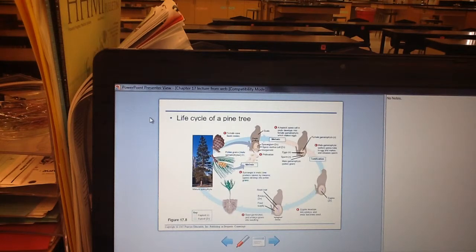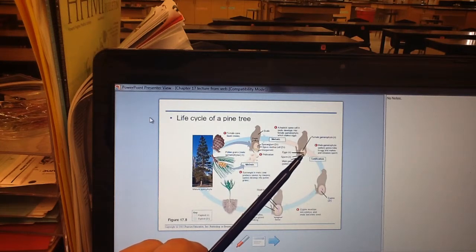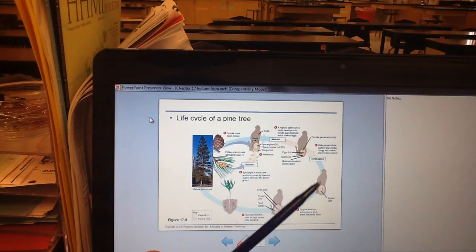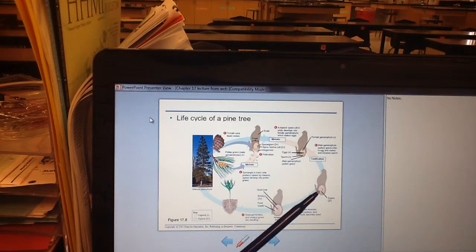With that being said, we can look here at the life cycle of a pine tree. If we look at the overall structure of it, we're going to see that most of it is in the sporophyte generation. So here's our egg, here's our sperm, and they're coming together to form a zygote. Once our haploid sperm and egg turn into a diploid zygote, that zygote will then grow.